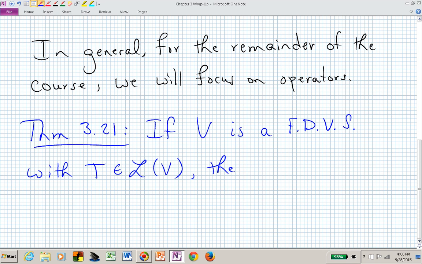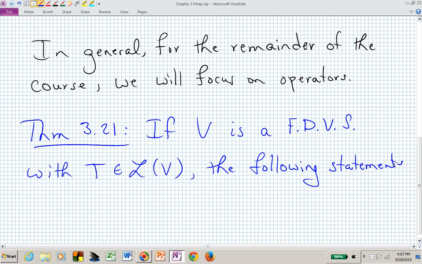Now, once we're dealing with an operator, where the domain and the codomain are the same vector space, those three concepts are actually equivalent, and that's what this theorem is saying. If V is a finite dimensional vector space with T an operator on it, the following statements imply each other.